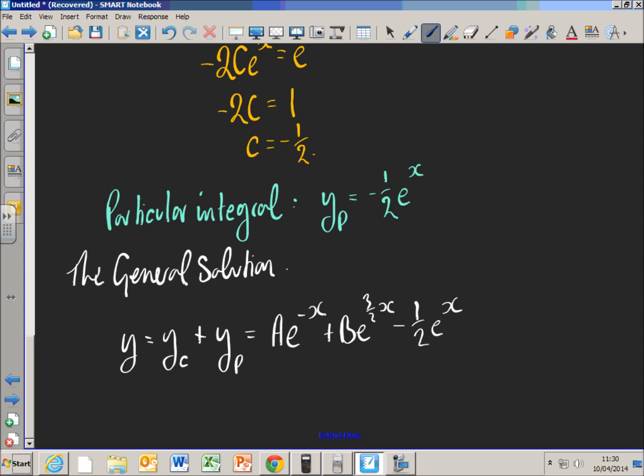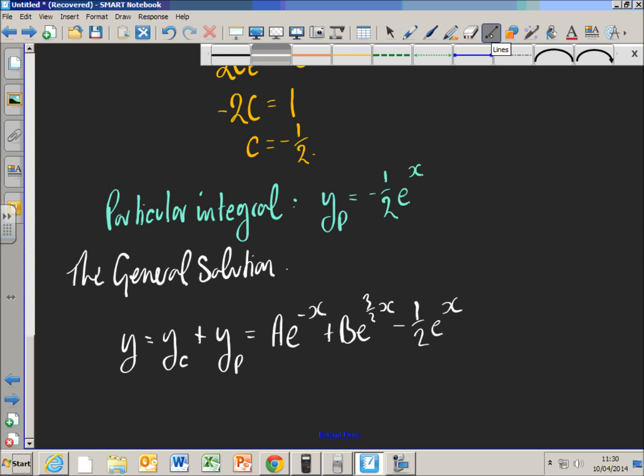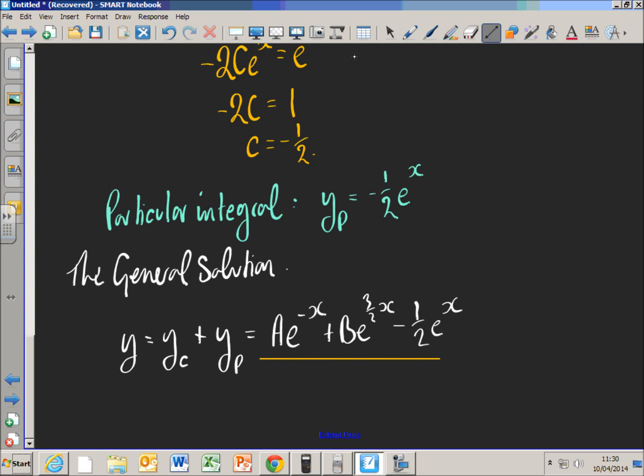That's it, isn't it? Yeah? Okay, so that's it there. Now if you want to find out what the a and the b are, what else would I need in the question? Some boundary conditions. How many boundary conditions would I need for a second order one? Yeah, because of those two constants. Okay, any questions on that?